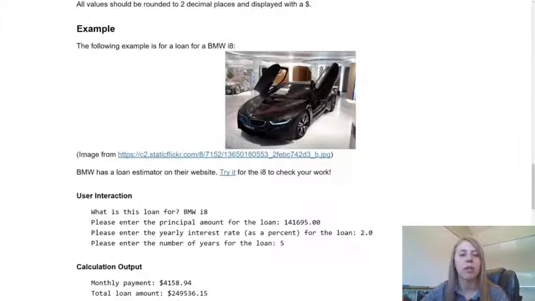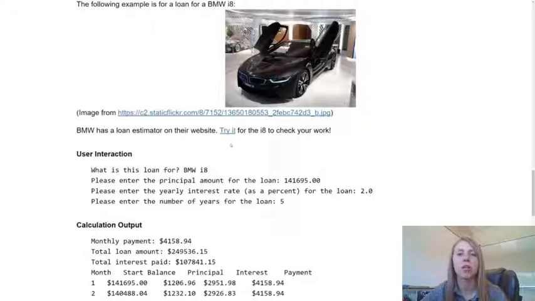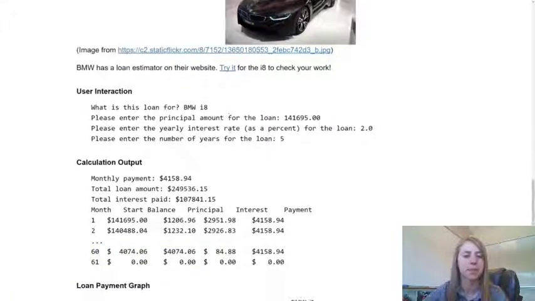We can run through the program using this example. And you can always check your work with online mortgage calculators or payment calculators. And in fact, BMW on its website has a payment calculator that you can enter in your same numbers and compare to make sure that yours is in fact correct. So essentially we're writing some of that back-end functionality for sites like BMW.